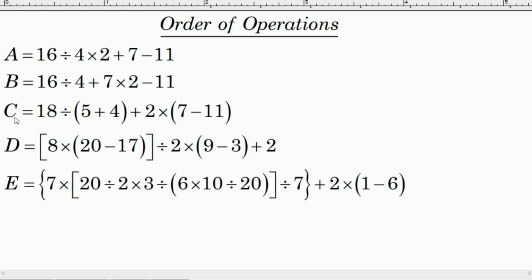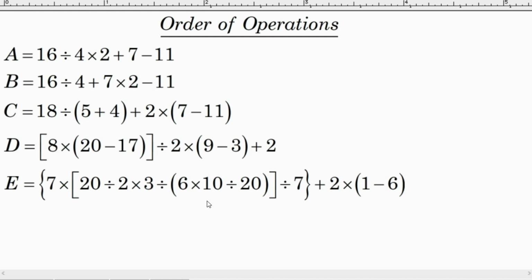In C, we include another one, which is parentheses, so we have to understand what we have to solve first and what comes after. In D, we have brackets and parentheses in the bracket.